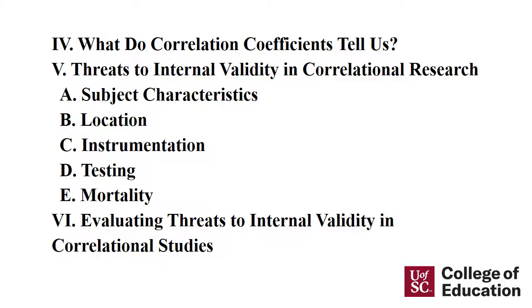C. Instrumentation. In any study using a particular instrument many times, thought must be given to the possibility of instrument decay. When both variables are measured by an observational device at the same time, care must be taken to ensure that observers don't become tired, bored, or inattentive.